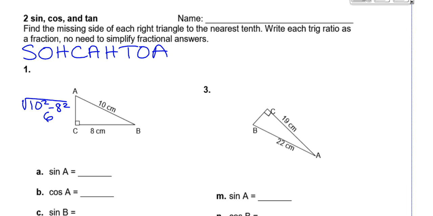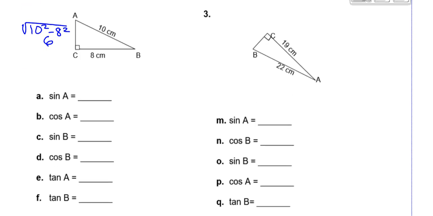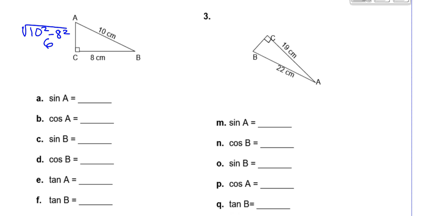Then we're going to look at the ratios for each of these. We're writing each trig ratio as a fraction, and there's no need for us to simplify our fractional answers. We really just want to practice writing all this down. So in this first problem, let's label the hypotenuse, because it's always going to be the hypotenuse. And then hopefully you can see your SOHCAHTOA.